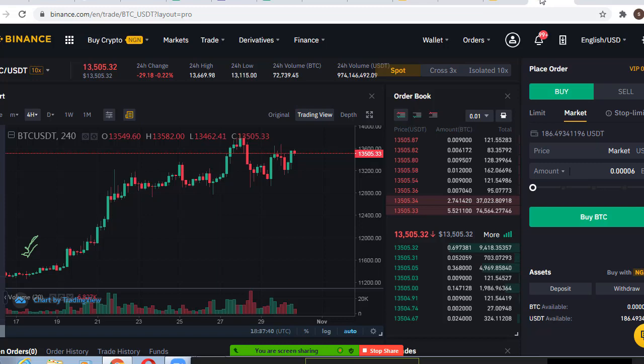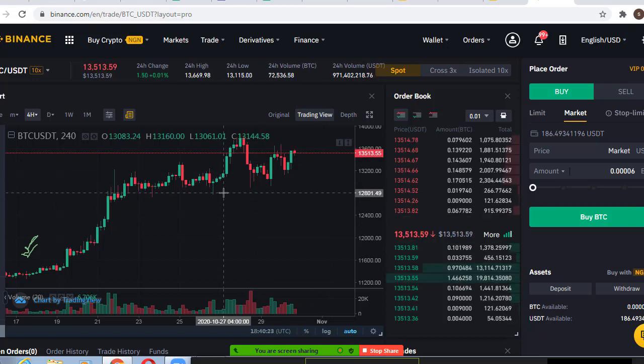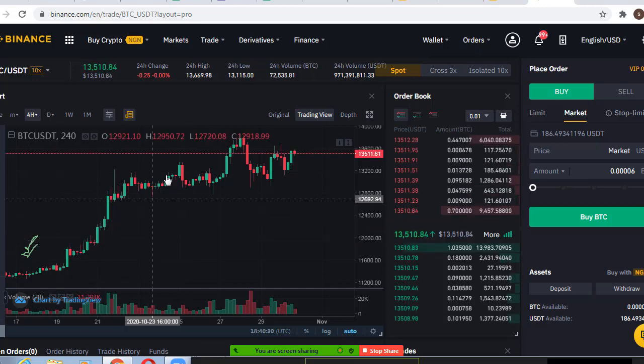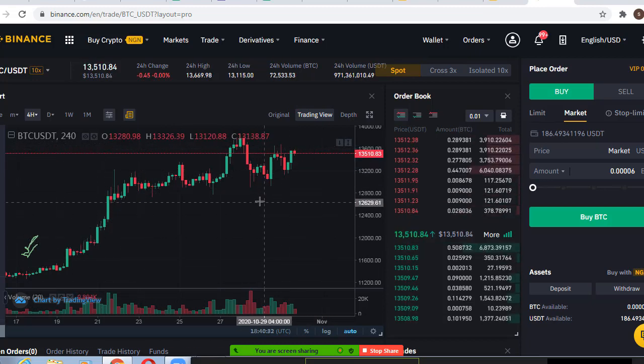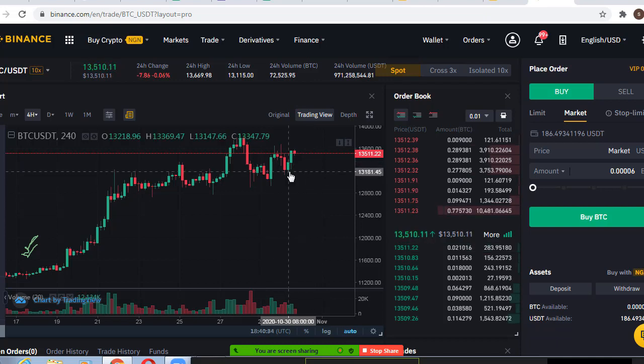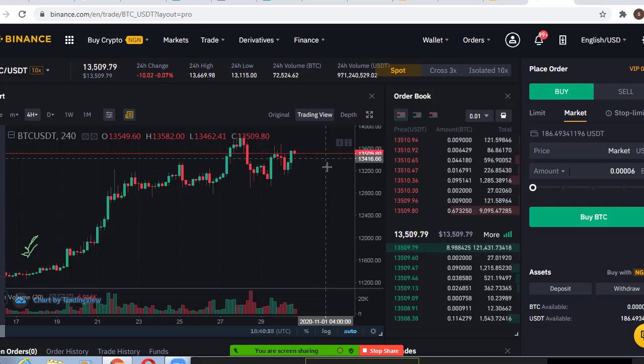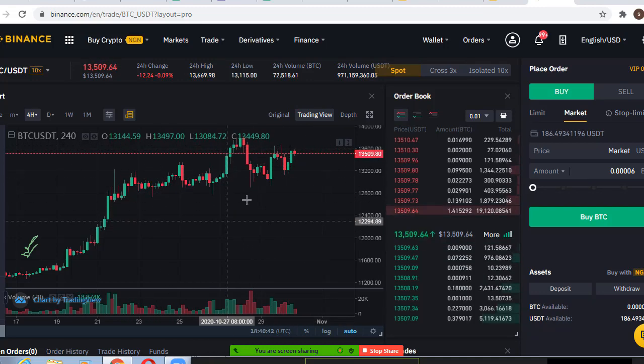So, this is your chart, and this is where you do all your analysis to tell where price will go next, where it will stop and go up. If it's going up, where it will stop before coming down. You do all those analyses on your chart.